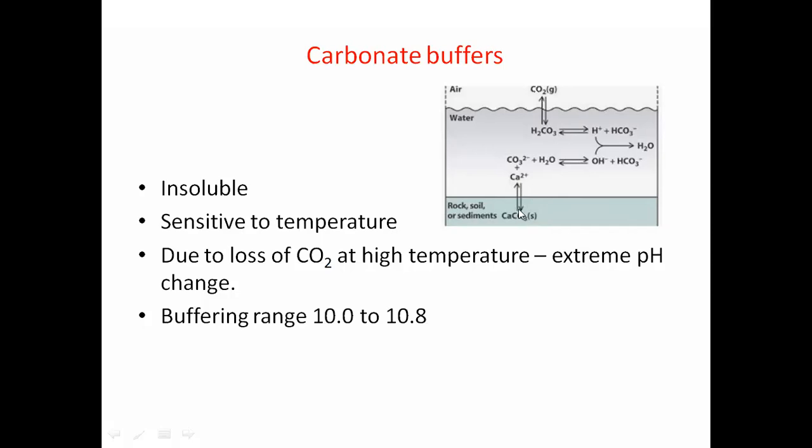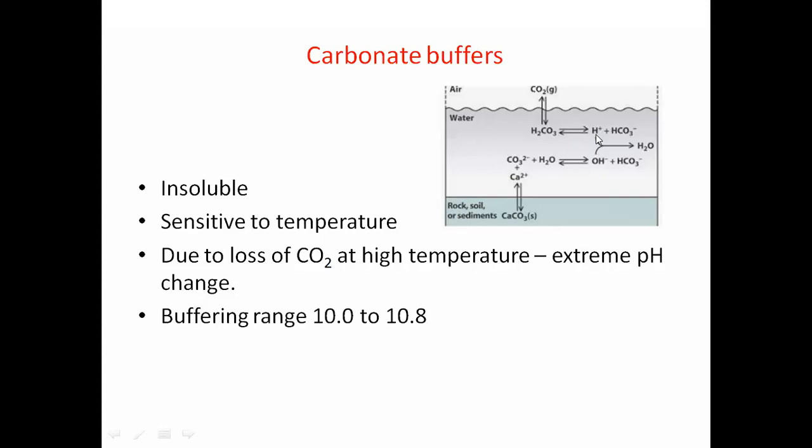When the solid calcium carbonate enters the water, it becomes calcium 2 plus and CO3 2 minus, and the CO3 2 minus combines with water to form HCO3 minus. This is called a bicarbonate anion. Sorry, HCO3 minus, and also OH minus is coming out.